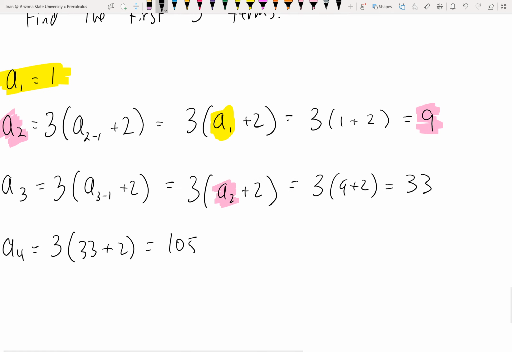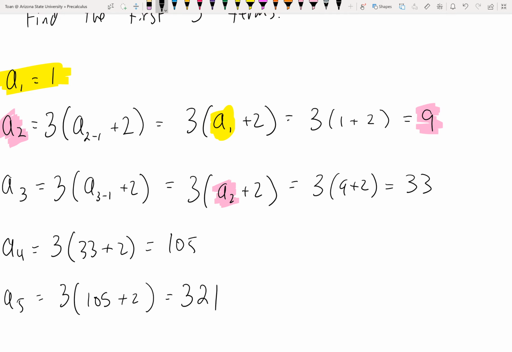And then last but not least, a sub 5 is 3 times the previous term, plus 2. So that is, what's 315 plus 6 is 321. Right? So that's how recursive formulas work.